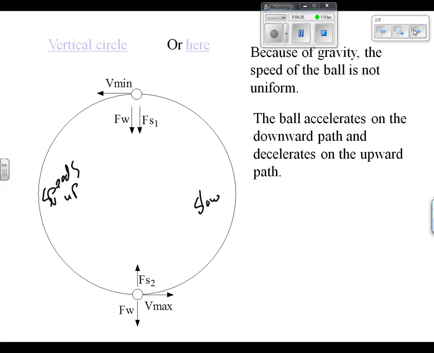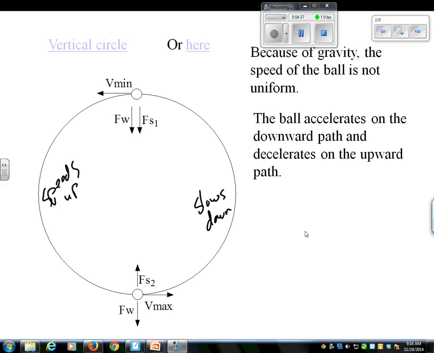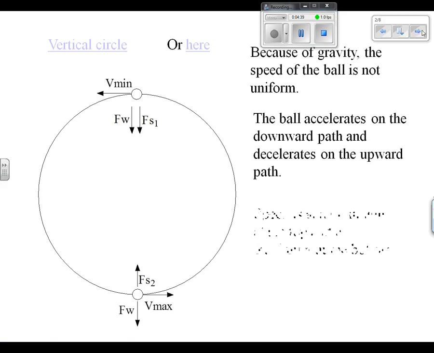Here it slows down. Speed is at a minimum at the top, a maximum at the bottom. I think we've talked about that already. I think everyone gets that.